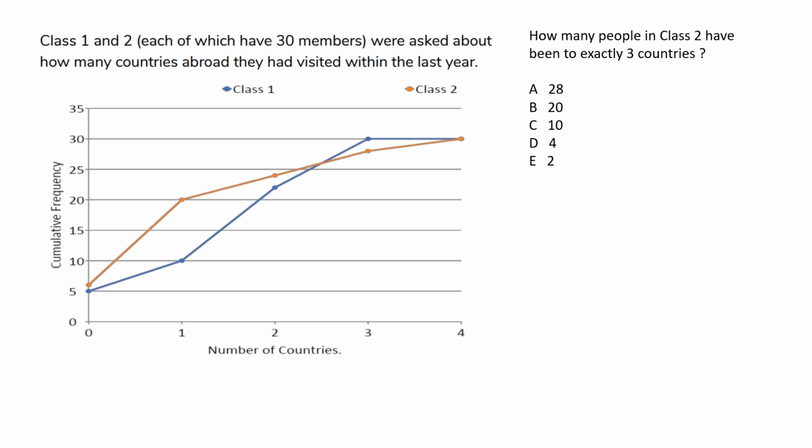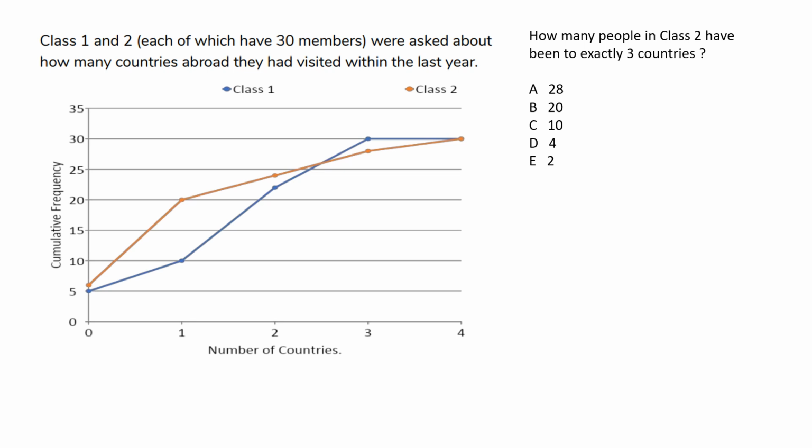Okay, so that one is 4, yeah, so that was D. So again, it's just about realizing that the number that have been to exactly 3 countries is how much the graph rose between 2 and 3 countries.